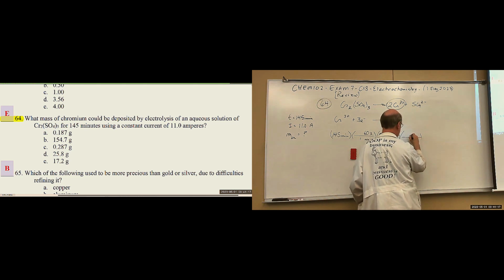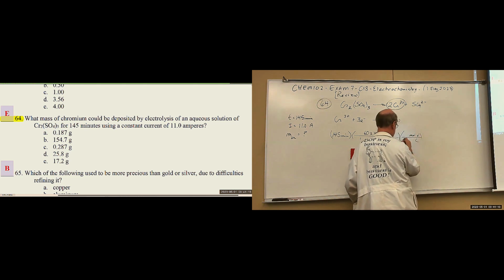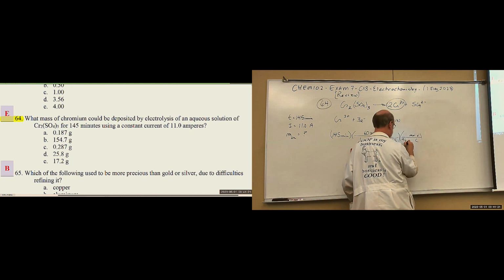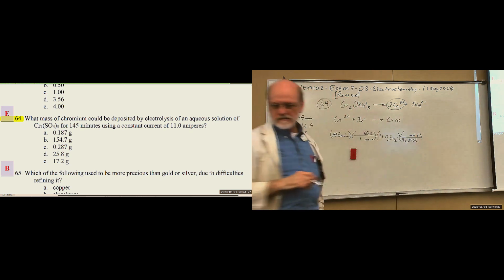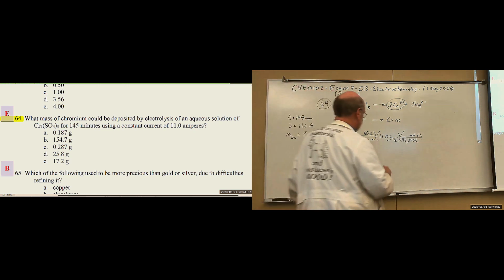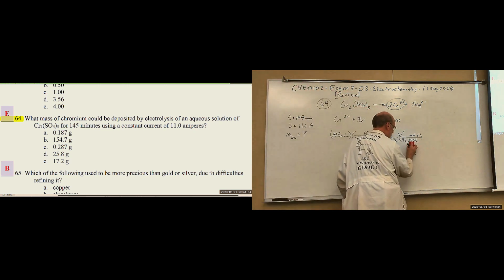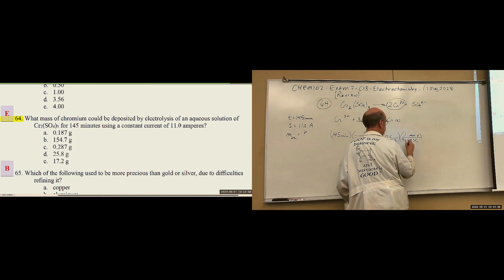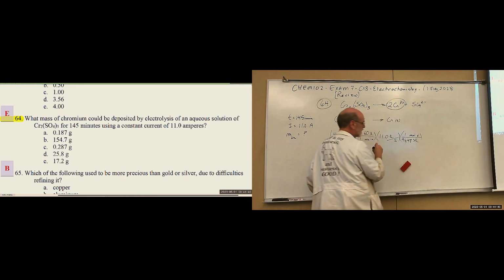Now we need coulombs per mole of electrons. If I remember correctly, 96,485. Check myself again. 485. There we go. So that gives us the moles of electrons.